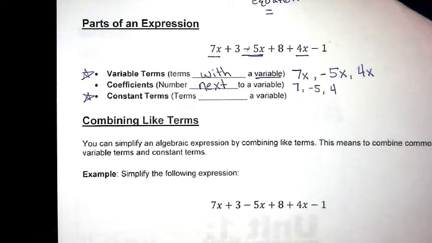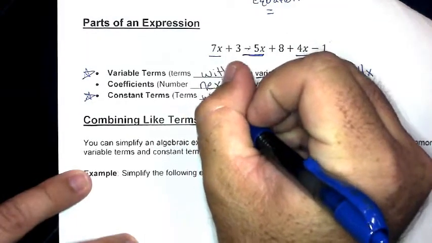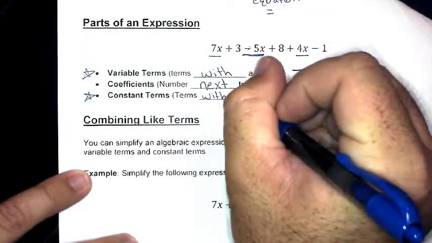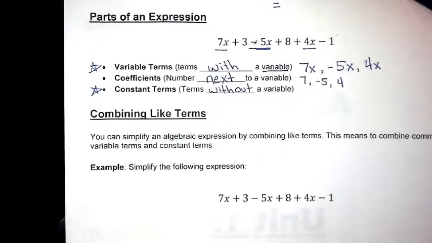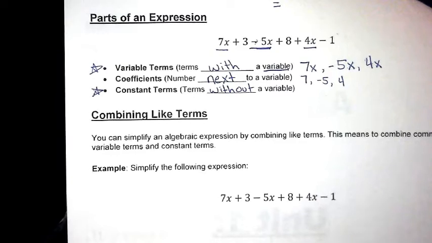The other part that we talked about is constant terms. Constant terms are terms without a variable. Which three terms do not have a variable with them?